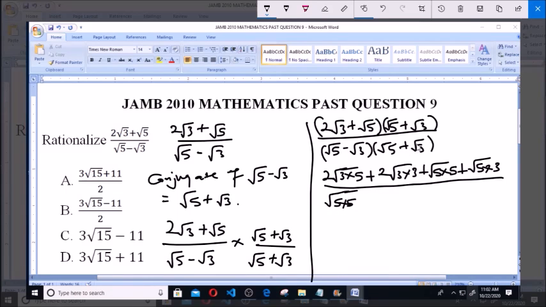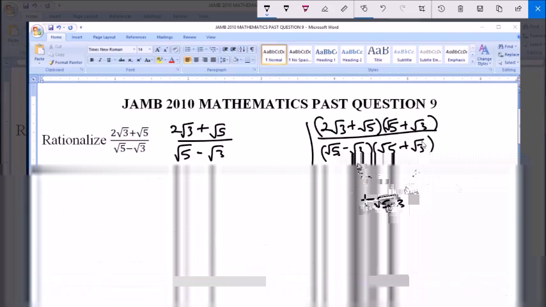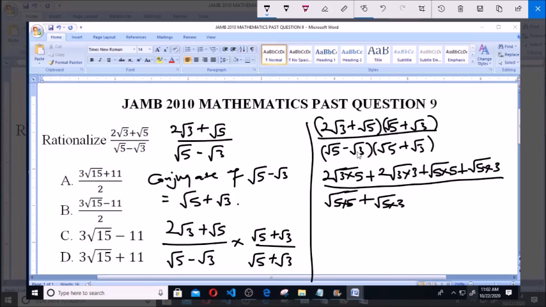Root 5 multiplied by root 3 will give us plus 5 multiplied by 3. Now minus root 3 multiplied by root 5 will give us minus root 3 multiplied by 5. Then minus root 3 multiplied by plus root 3 will give us minus root 3 multiplied by 3.